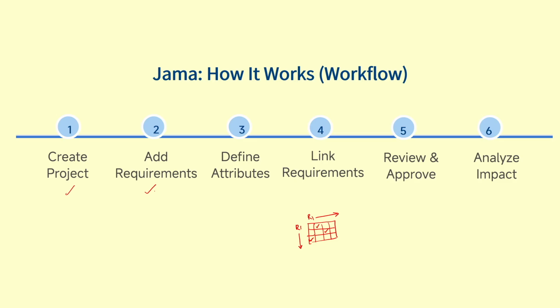If it is R1 and this is R3, for our example I have just taken 4 requirements. On the top we have R1, R2, R3 and R4, and on the left we have R1, R2, R3 and R4. So there is a checkpoint in this position, right?